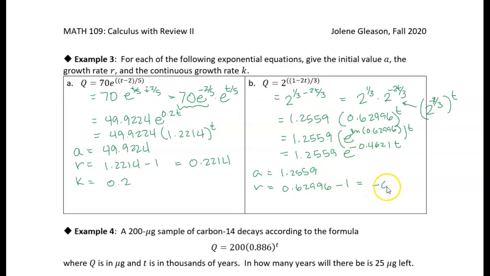I get minus 0.37004. And of course, my k value, I can read off from the last equation. It's minus 0.4621. All right. So I will meet you in the next video.